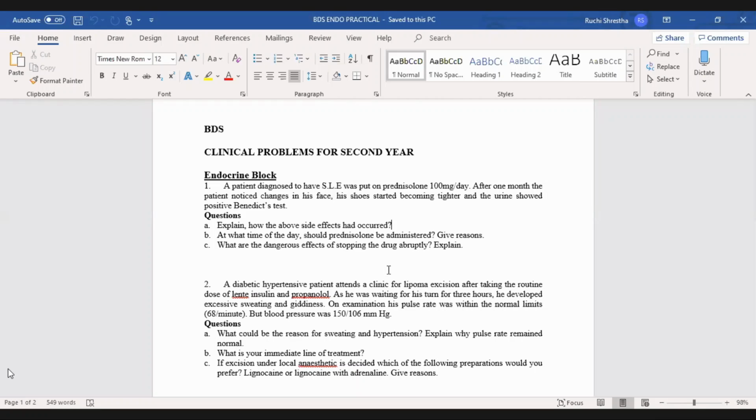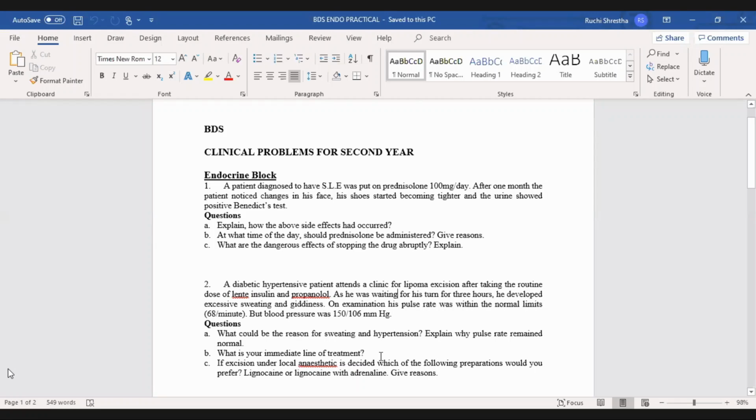And here the patient is diabetic, the patient is hypertensive, and he is undergoing lipoma excision. So in such a patient, especially if the patient is hypertensive, we don't give this combination. Lignocaine along with adrenaline is not given because the patient is already hypertensive, and if we give this combination, adrenaline causes vasoconstriction.